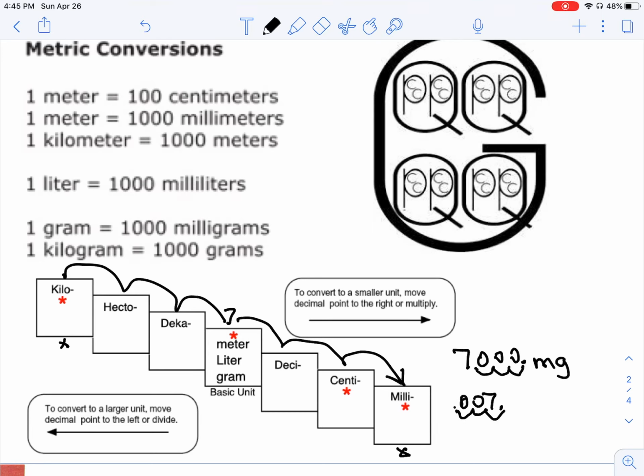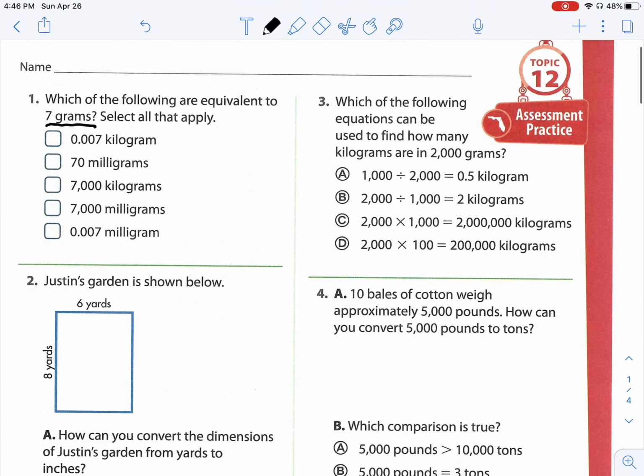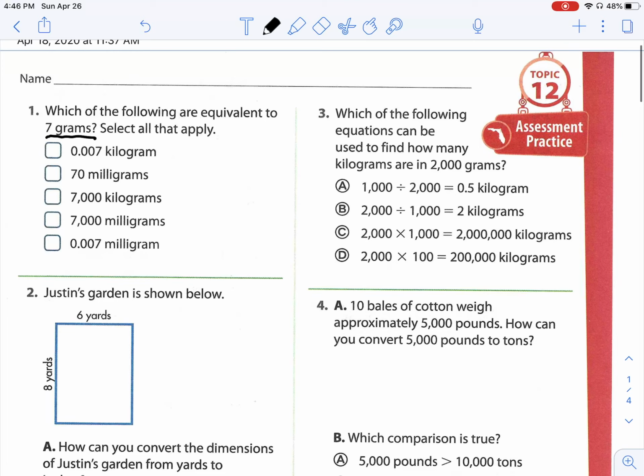Fill in with zeros. My decimal point right there. 0.007 kilograms. Okay, and 7,000 milligrams. So let's go back to that question. And there the answers are. This one right here and this one right here.